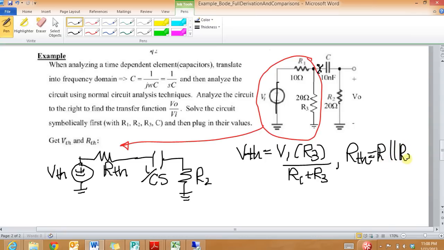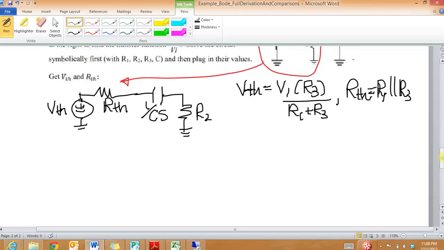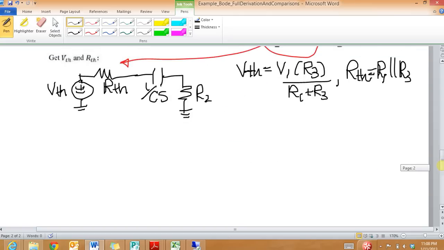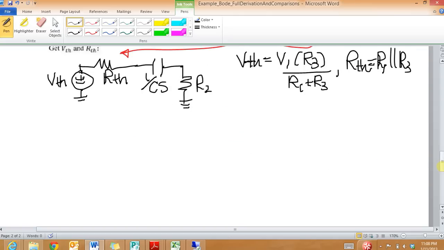I just have a voltage divider. I'm finding V out at this location. So V out is going to be the voltage divider of VTH as the source, and then across R2 summing the rest of the impedances.